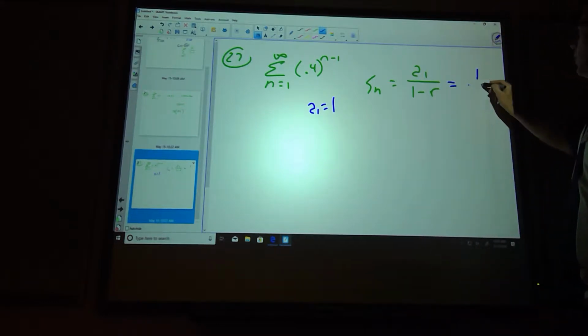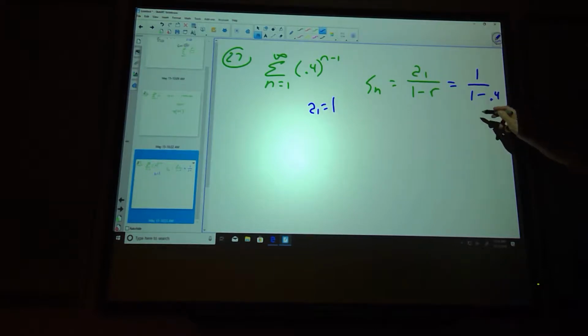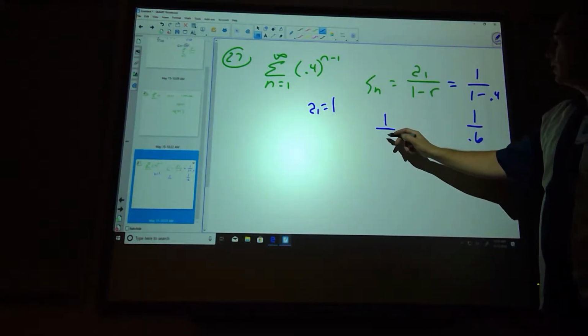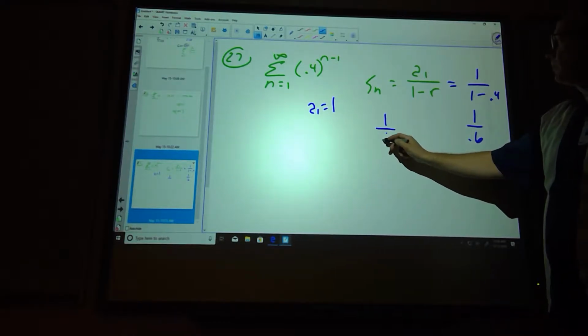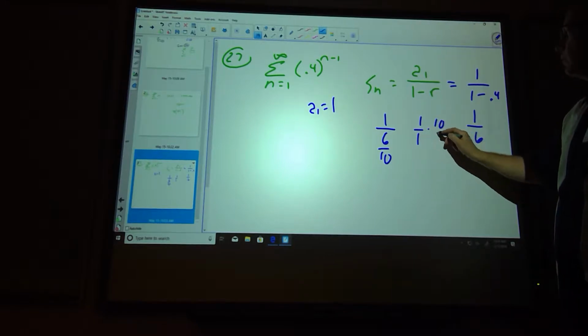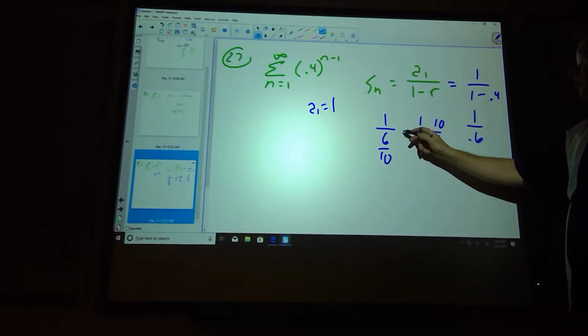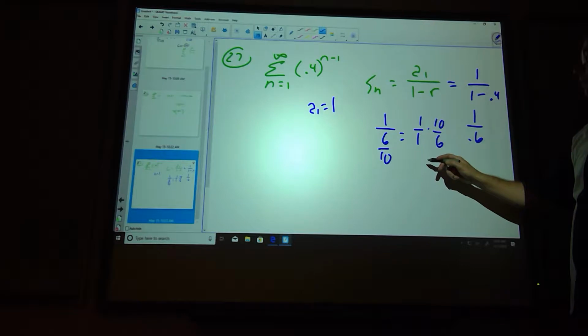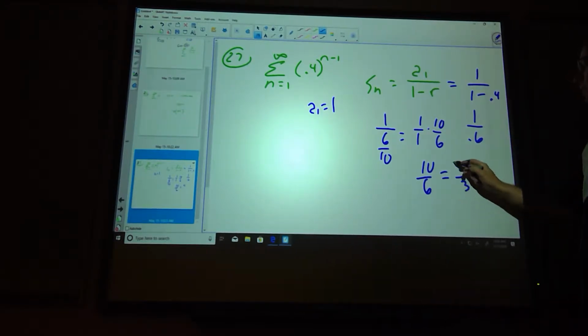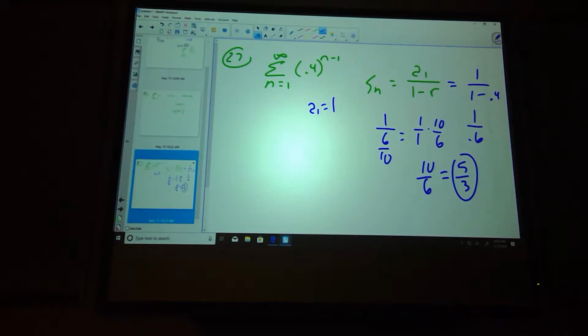So that's going to give me 1 over 1 minus my ratio, which is 0.4. So that's 1 over 0.6. Sometimes that's hard to decipher what that actually means. So that's 1 over 6 over 10 multiplied by the reciprocal. So that's going to become 10 over 6, which is 5 over 3. It's a fraction that it sums up to.